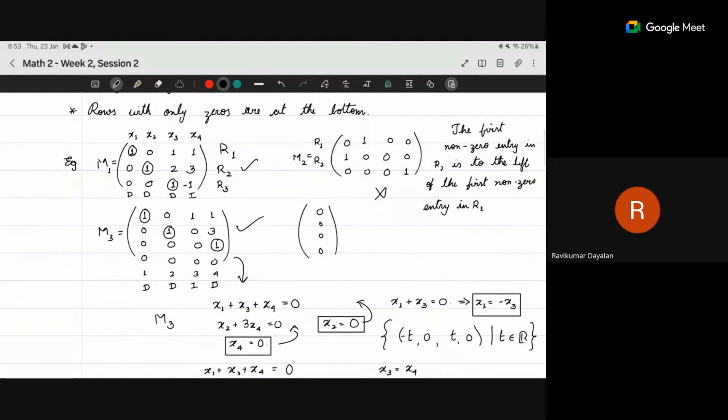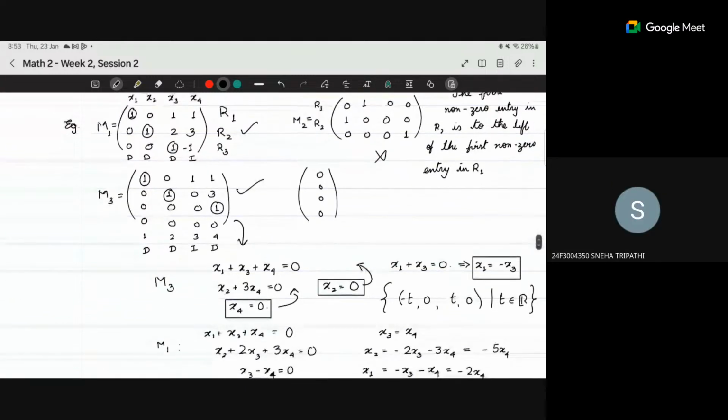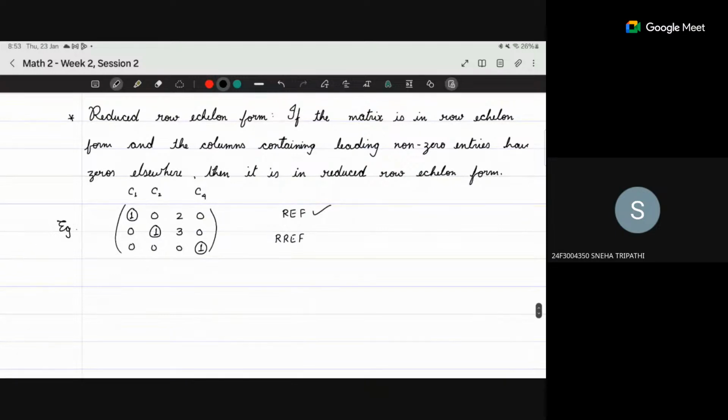No, M2 is not even in REF. M1 is also not in RREF. None is in RREF. M1, M2, M3, none of them are in RREF. M2 is not even in REF, but this one is in RREF.